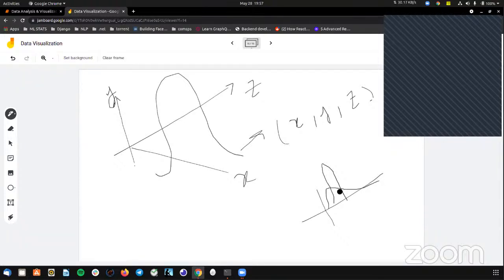Is there any relation to the spread? If you can see, the spread for this one is more than this one, right? Okay. So can anyone tell me, if I slice it here and I slice it here, which slice is going to have a bigger circumference, a bigger surface?